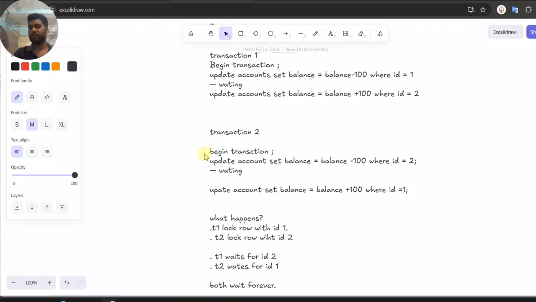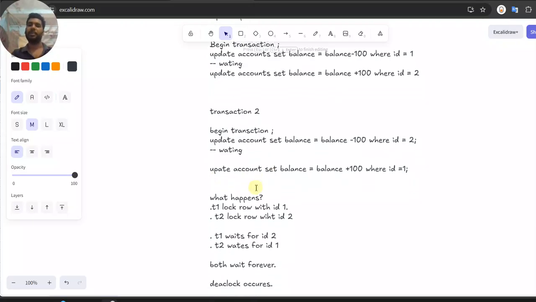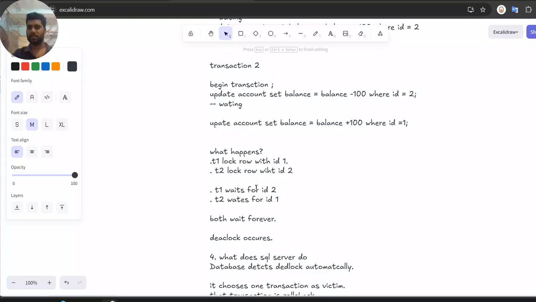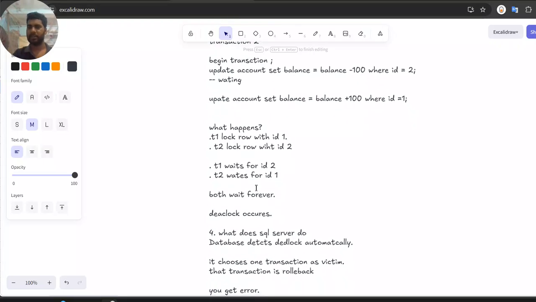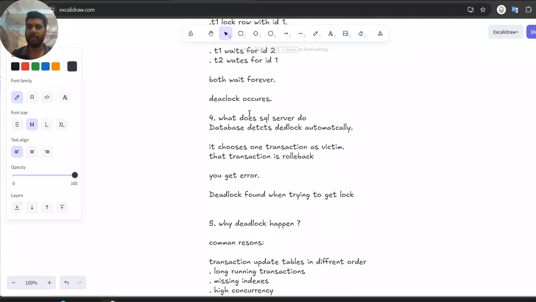Another transaction begins, updates account set balance equal to balance minus 100 where ID is 2, and then waits, and updates account set balance equal to balance plus 100 where ID is 1. What happened? Transaction 1 locks row with ID 1, and transaction 2 locks row with ID 2, and transaction 1 waits for ID 2, and transaction 2 waits for ID 1. Both wait forever. Deadlock occurs.